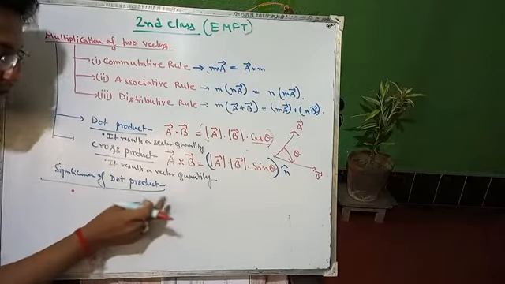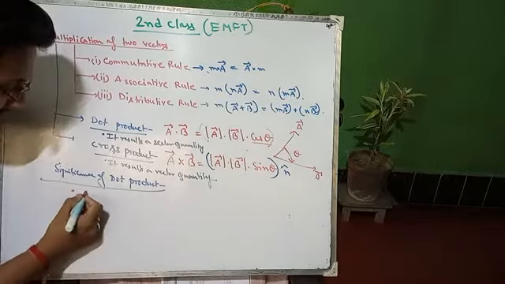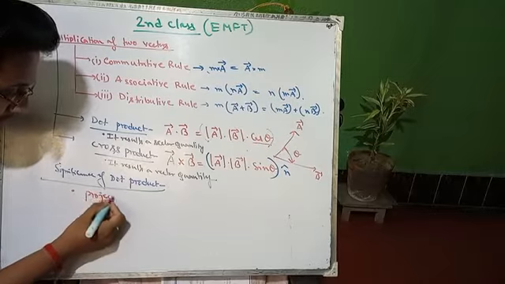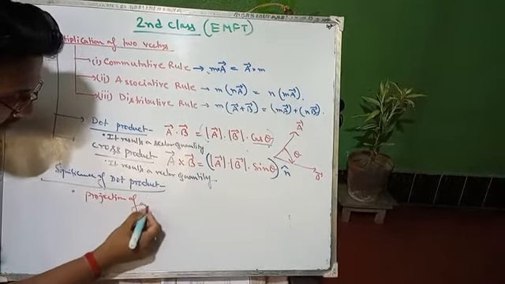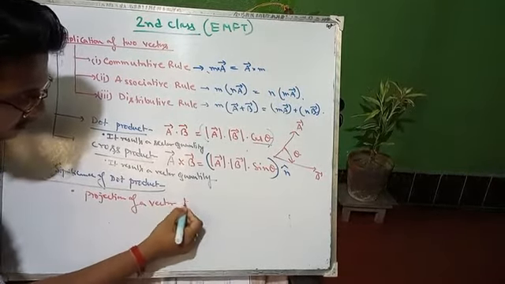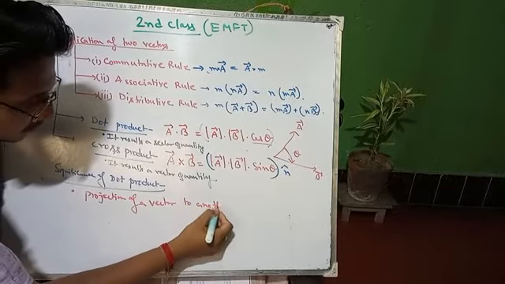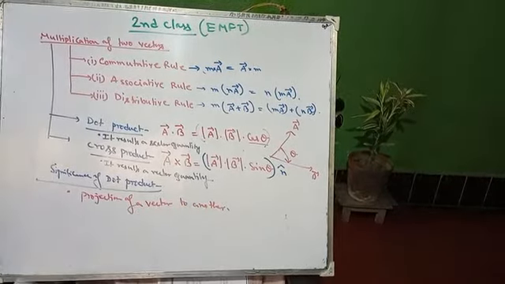Dot product signifies the projection of a vector to another. So how to project?